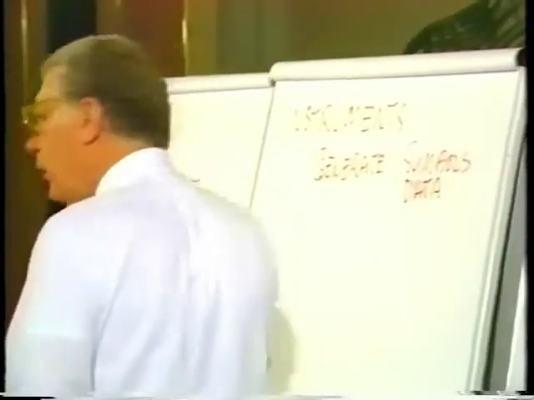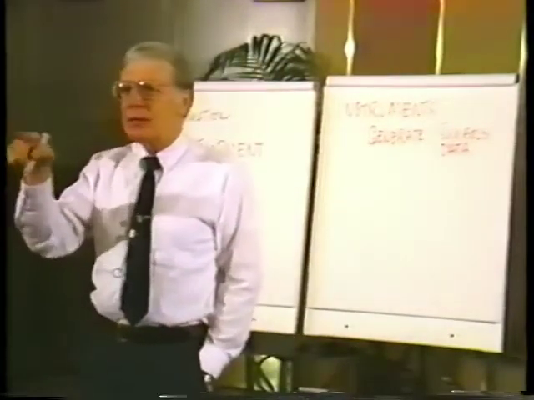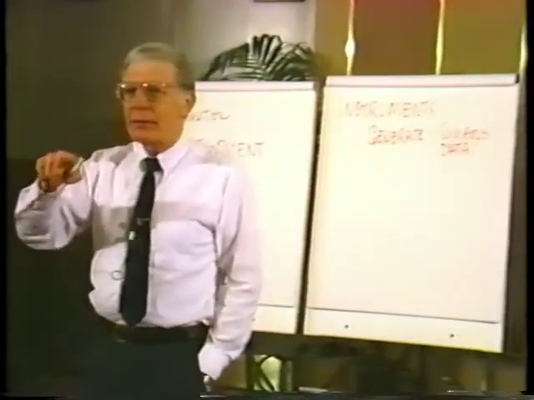Now, when a human being generates data, what's the name of the process by which he does that? What's he doing when he's generating data? I'm sorry? No, not thought. He's observing. That's observation. What the gasoline gauge does for you is look inside your tank and tell you what's there.